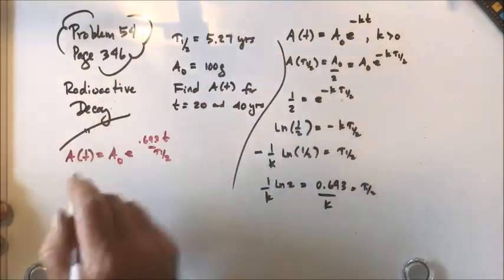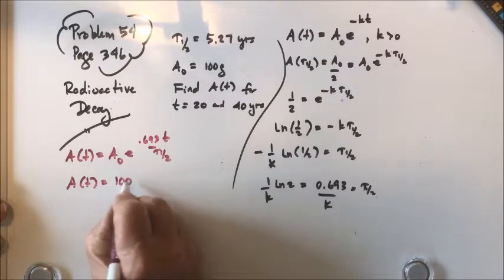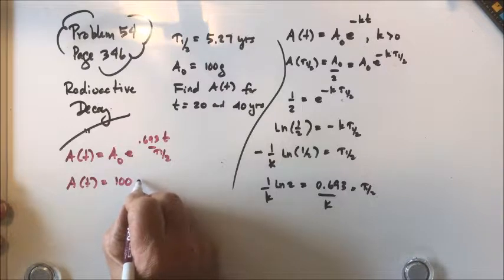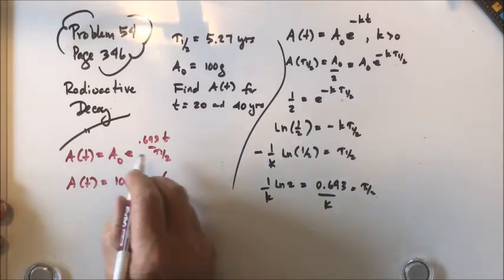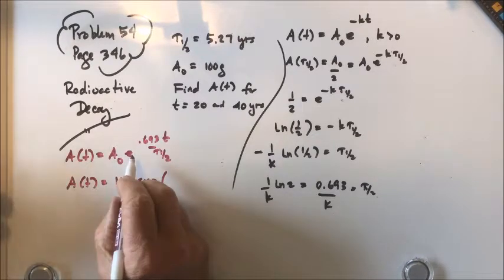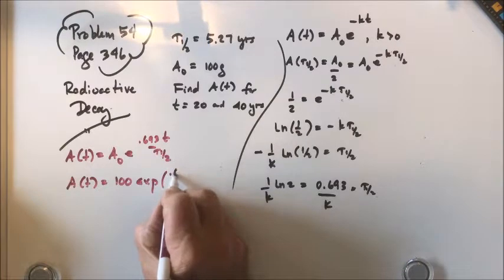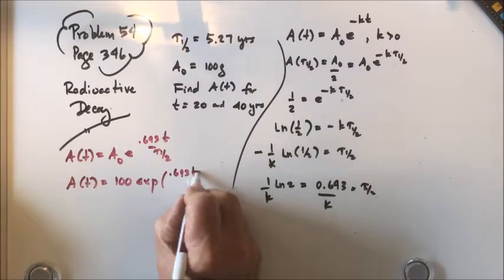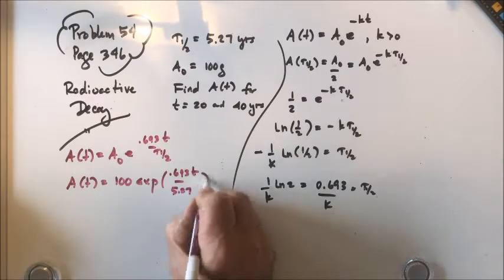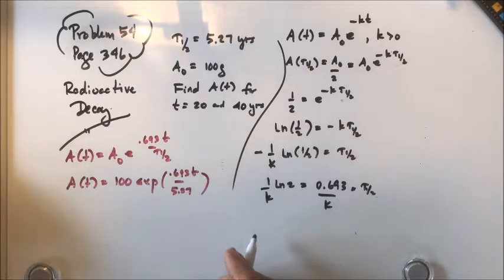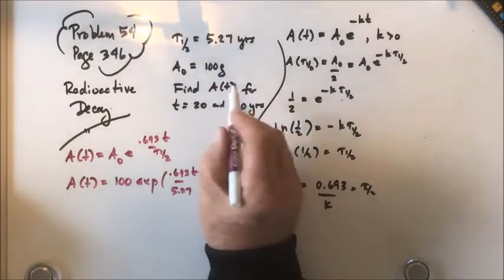So if I just take this data, I'm going to write A sub t is equal to 100 grams, the initial value, and just because this is a little unwieldy, I'm going to write e raised to the exponent, minus 0.693 t all over 5.27 years, and we're going to do all this work with t in years. So we're ready to go ahead and answer the problem.